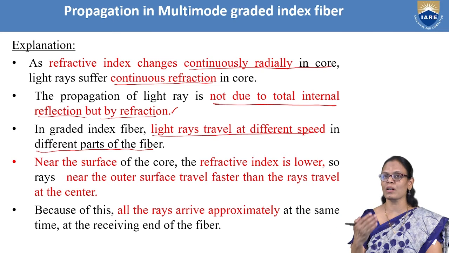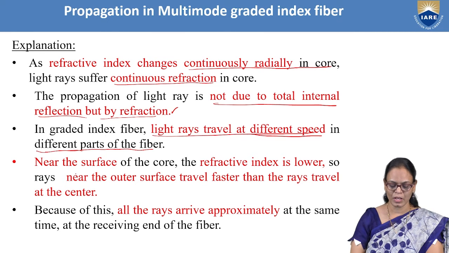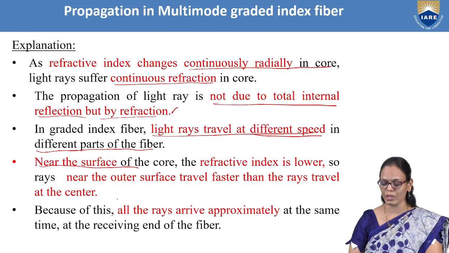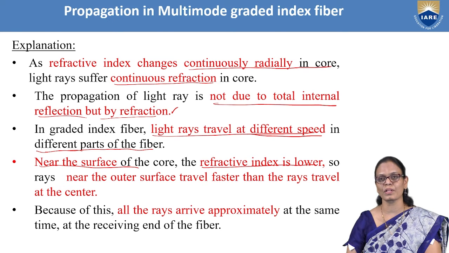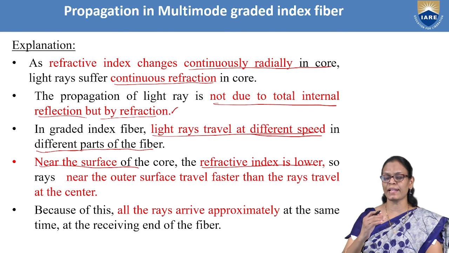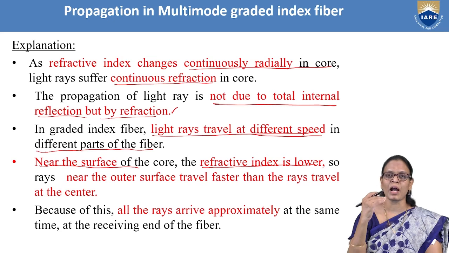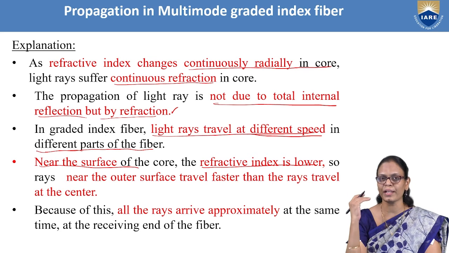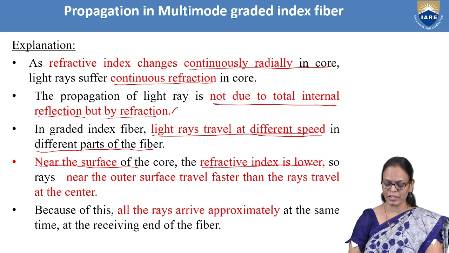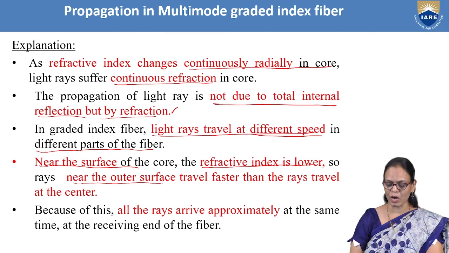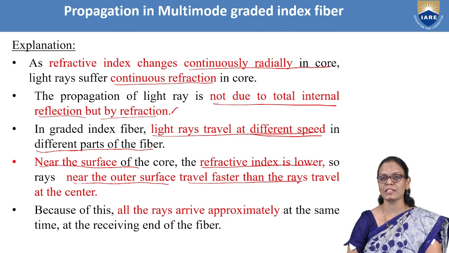So here also, because the refractive index varies, the speed of light or the speed of the signal also varies. So near the surface of the core, the refractive index is lower. At the center, the refractive index is maximum, and towards the surface, it is going on decreasing. So at the surface of the core, the refractive index is low, and near the outer surface, the rays will travel faster. Because the refractive index is less, they will travel faster.